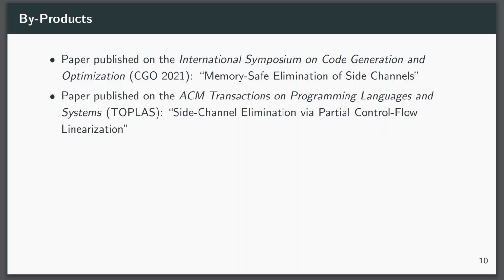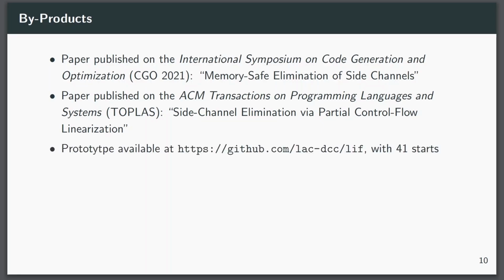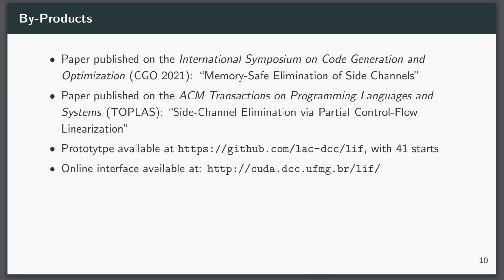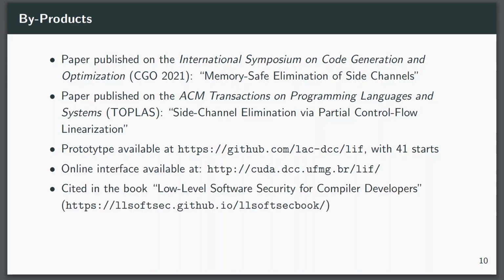And this year, we published another paper on TOPLAS, which is the actual partial control-flow linearization algorithm, the adaptation of Moll and Hack's algorithm. And we have a prototype available on GitHub. We have an online interface, and also that first paper was cited in this book called Low Level Software Security for Compiler Developers.